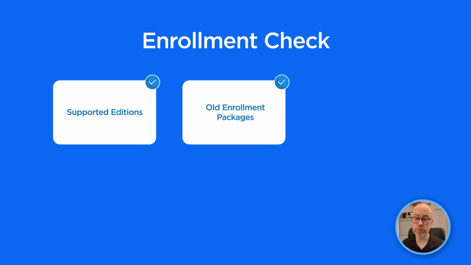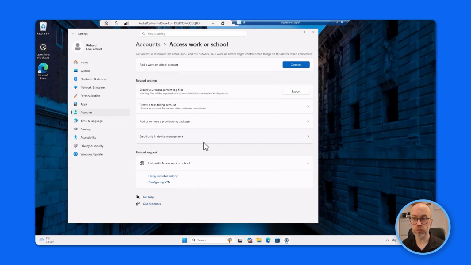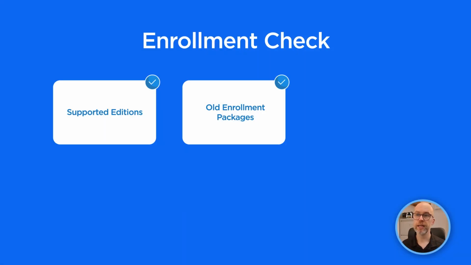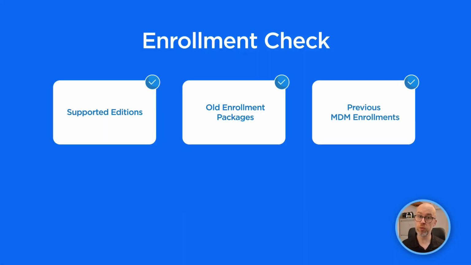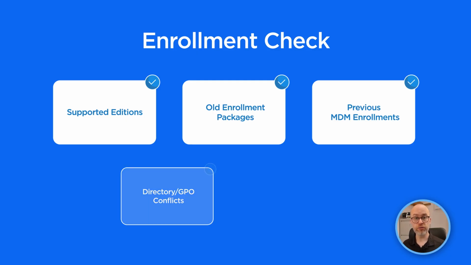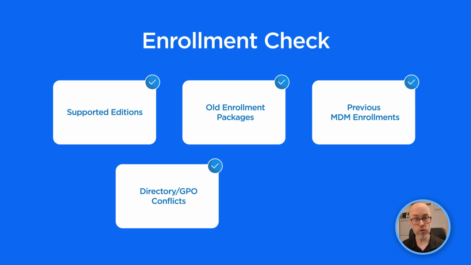You can check this on the device by going back to work or school and then checking underneath the Add or Remove Provisioning Package option. Additionally, check if there are any previous MDM enrollments that have not been removed successfully. Review any on-premise or cloud directory settings or GPO group policy settings that may interfere with enrollment.